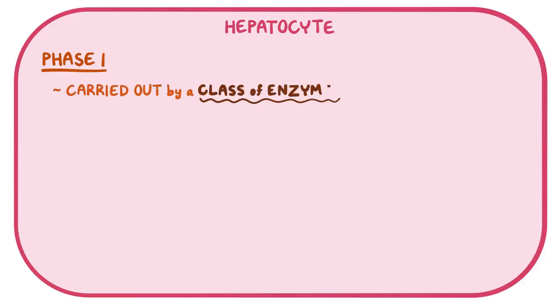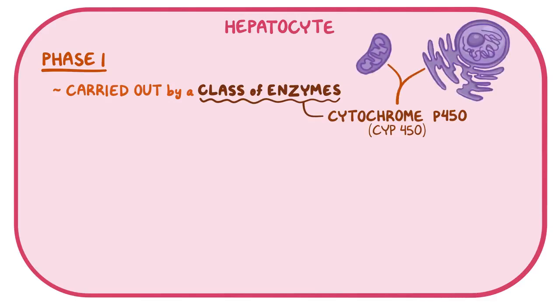So let's zoom into a liver cell, also known as a hepatocyte. Phase 1 reactions are typically carried out by a class of enzymes called cytochrome P450, or CYP450 for short. These enzymes hang out mainly in cell compartments, like the endoplasmic reticulum and the mitochondria.